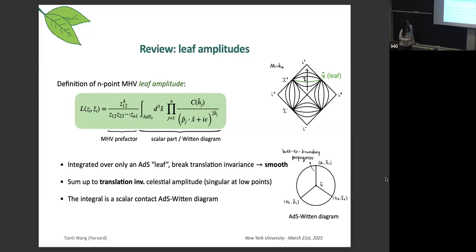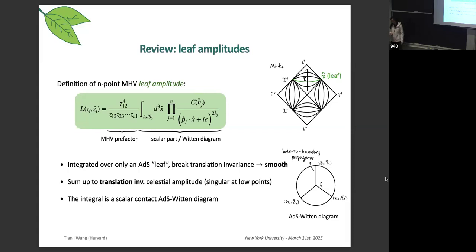So this is very nice. These objects are well studied in ADS CFT and allow us to make contact to ADS holography. So don't worry if you're not familiar with ADS Witten diagrams though. By ADS Witten diagram, I just mean literally this expression in my talk.